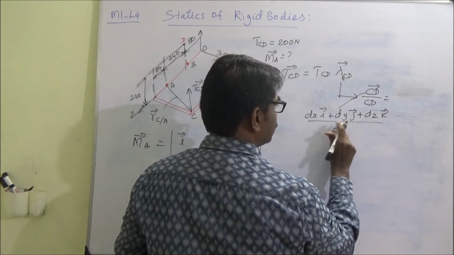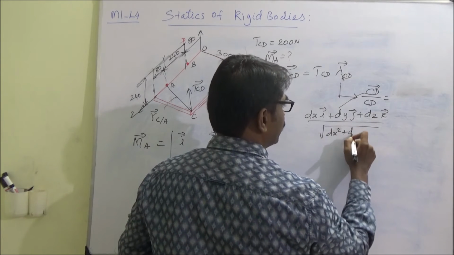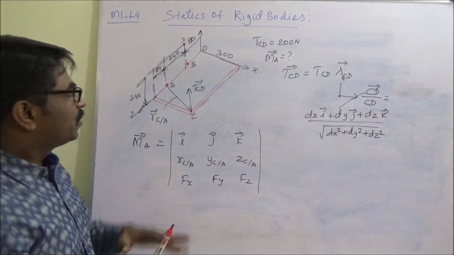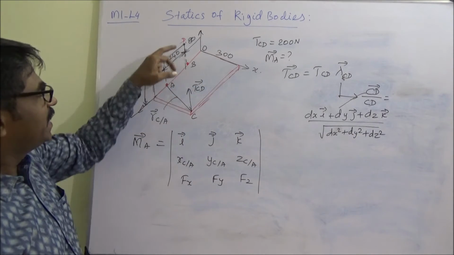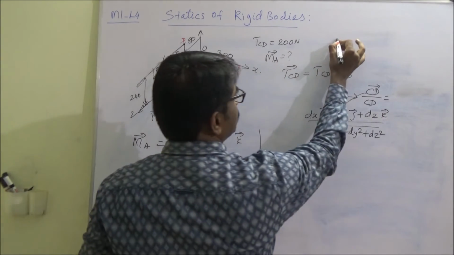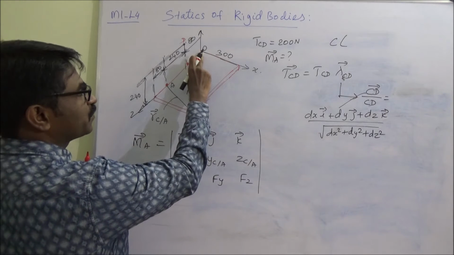And CD is the square root of dx squared plus dy squared plus dz squared. We know the coordinate points. What are the coordinate points for CD? The C coordinate point is with respect to this reference.